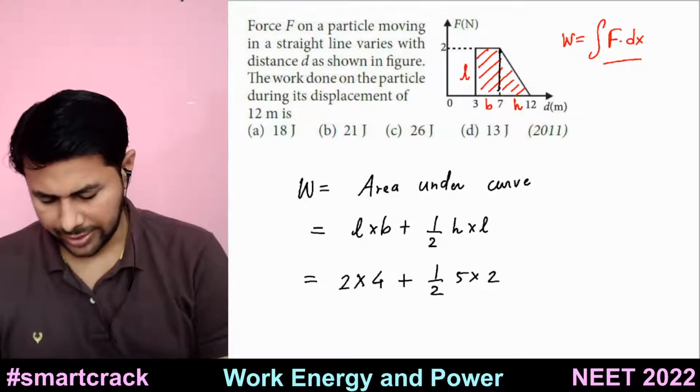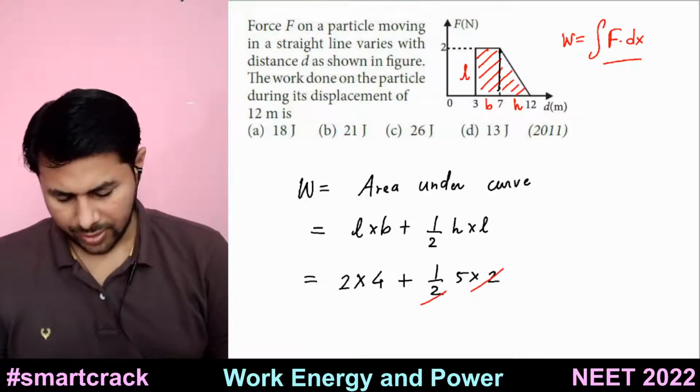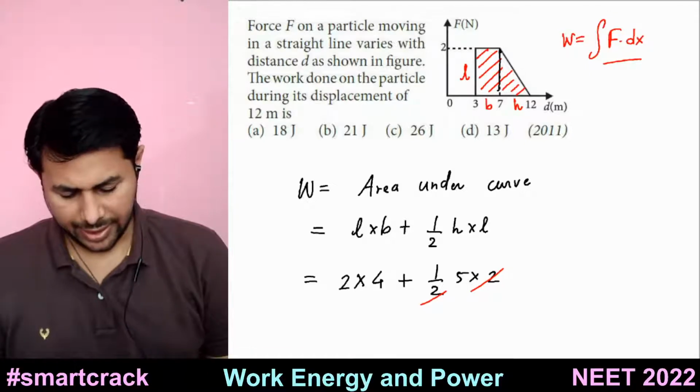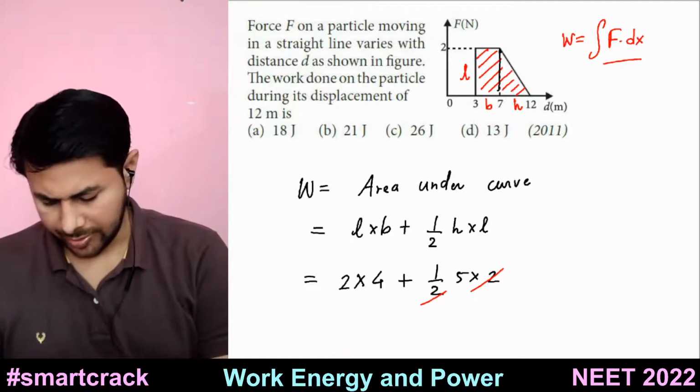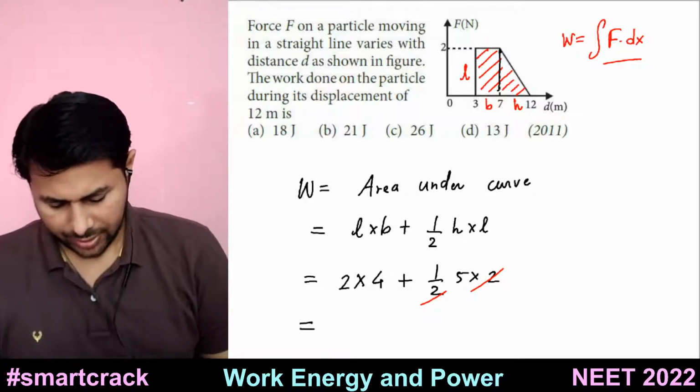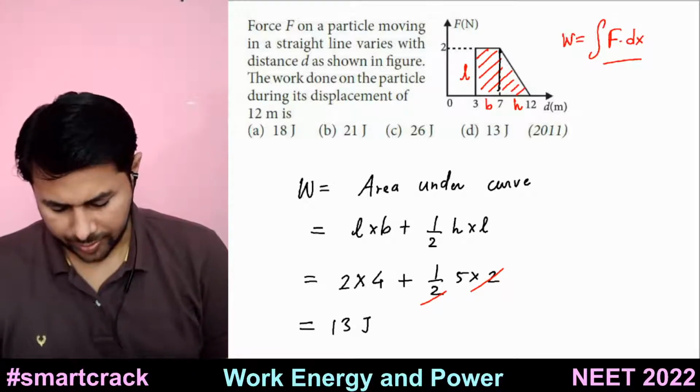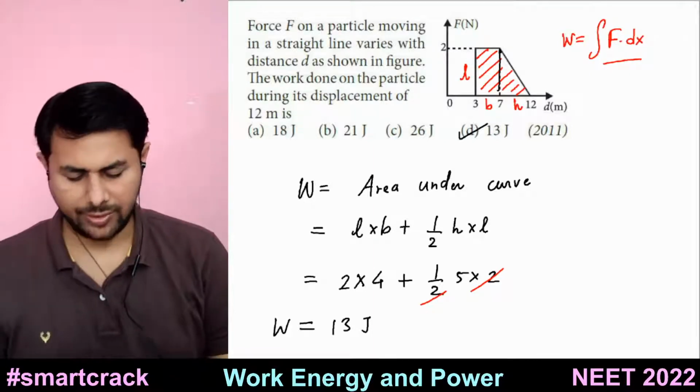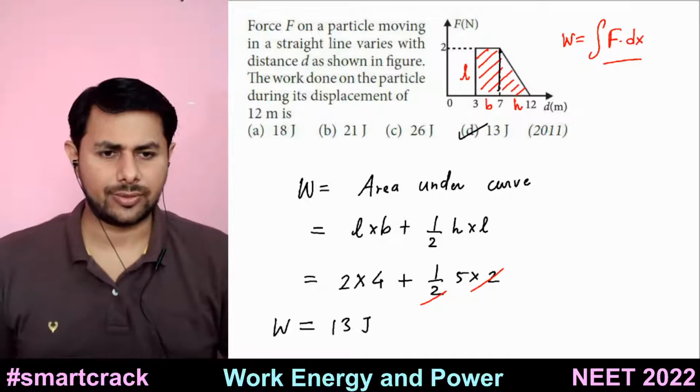The 2 and 2 get cancelled. 4 times 2 is 8, and 8 plus 5 is 13. So 13 joules should be the answer, option D. This was simple.